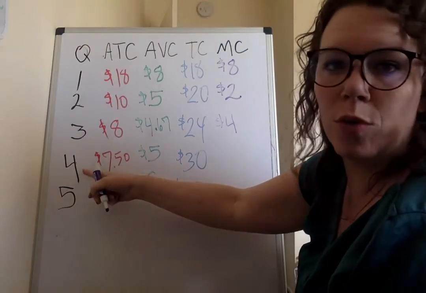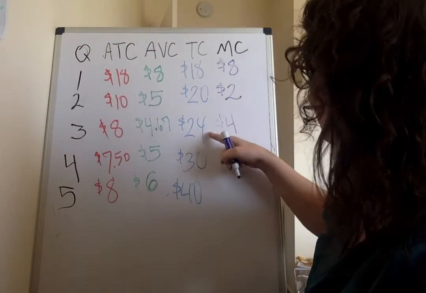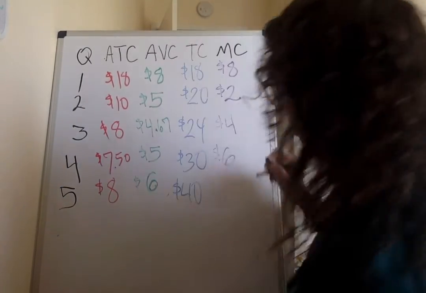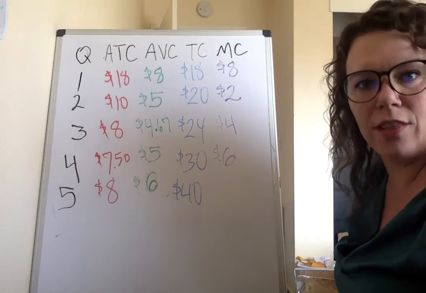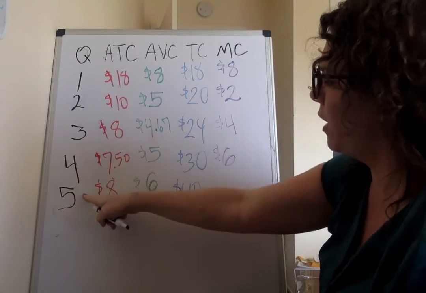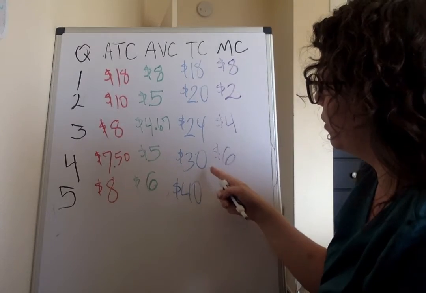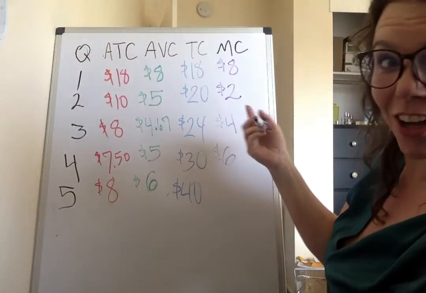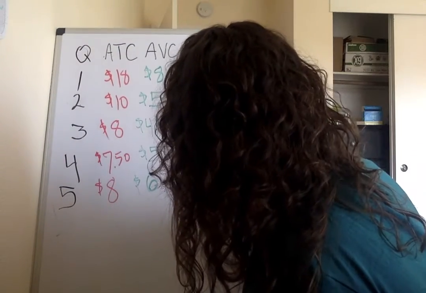When we produce a fourth unit, now we're going from 24 to 30, so now our marginal cost is going to be $6. Right? 30 minus 24 is 6. And then when we go from producing 4 to 5, our costs go from $30 to $40. So the marginal cost is $10. Woo!